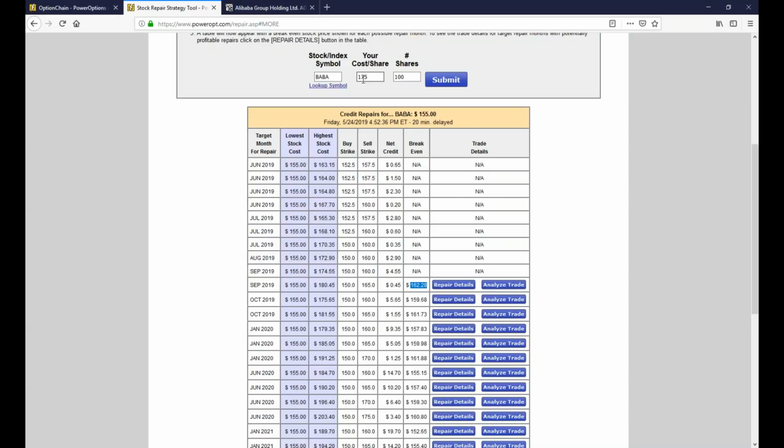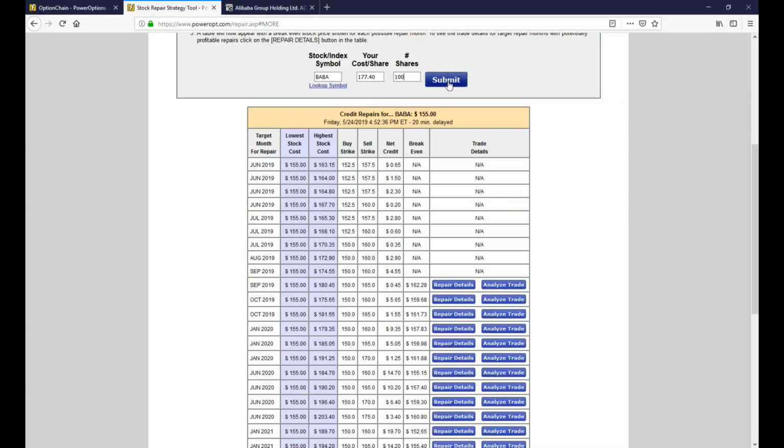That's impressive. You don't own the stock. You own a call at the 175 strike that you paid $240 for. So your break even on this long call as you own it now is 177.40.